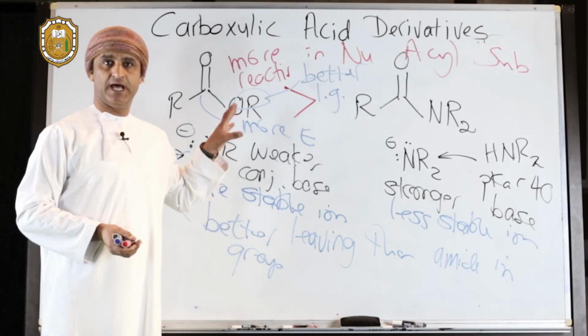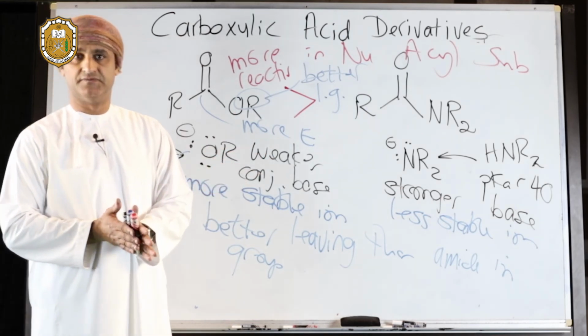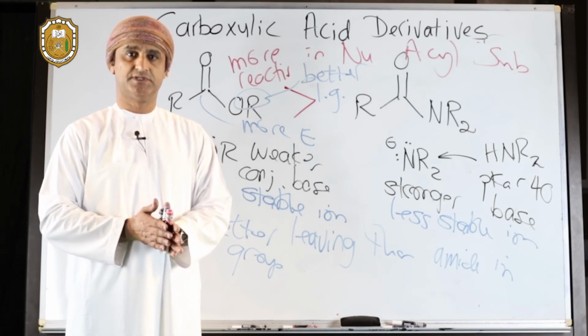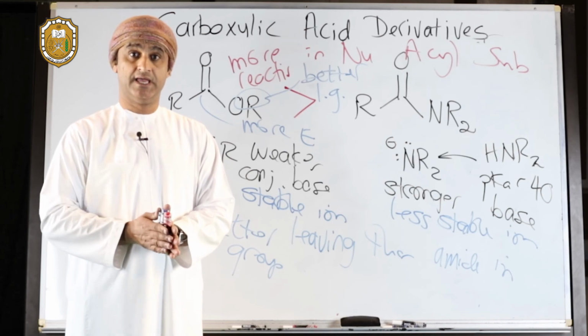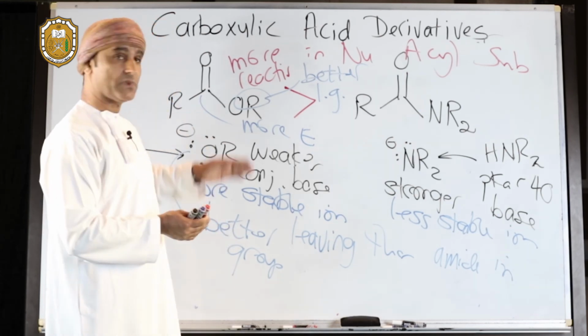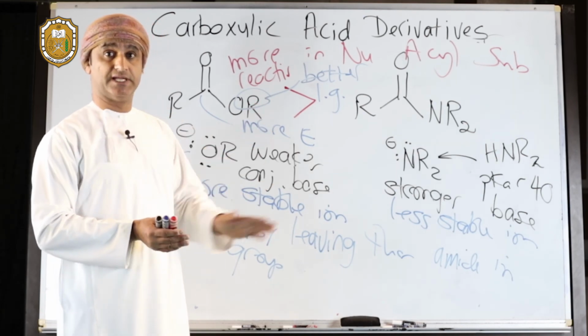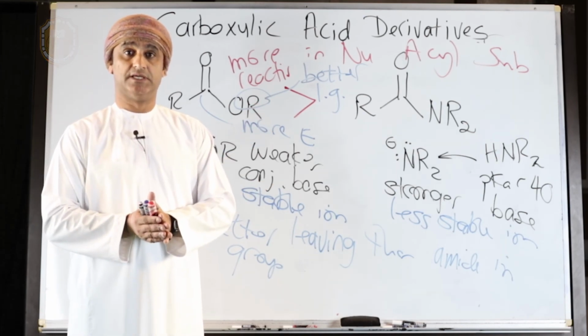So again, esters are more reactive than amides in nucleophilic acyl substitution reactions due to the higher electrophilicity of carbon of the carbonyl group and also the better leaving group ability contained.